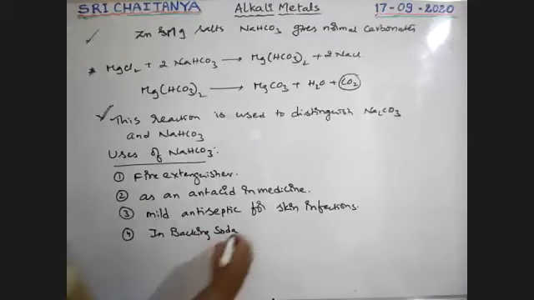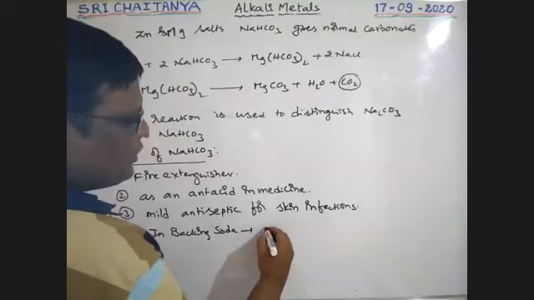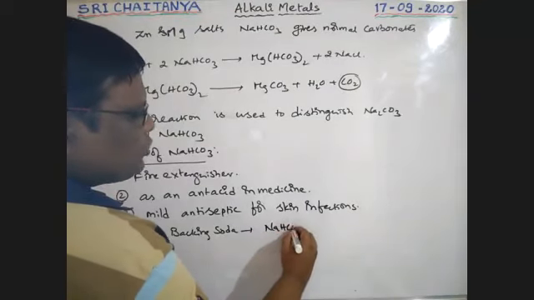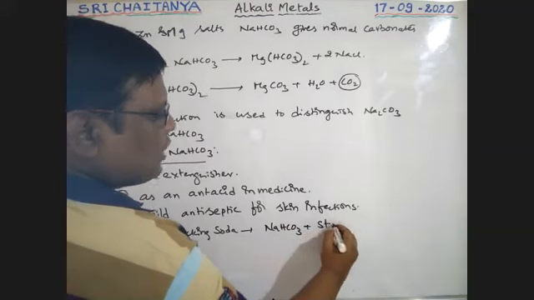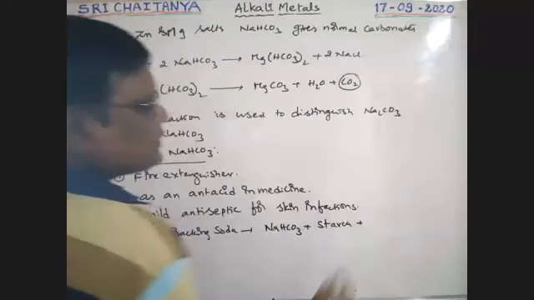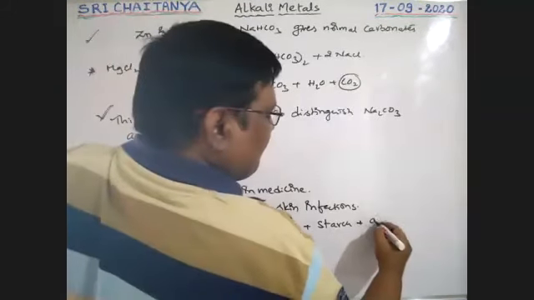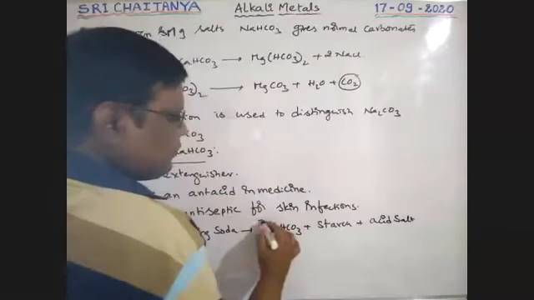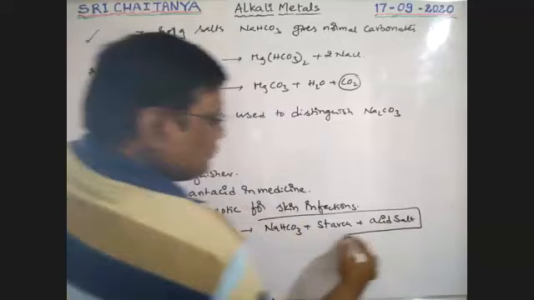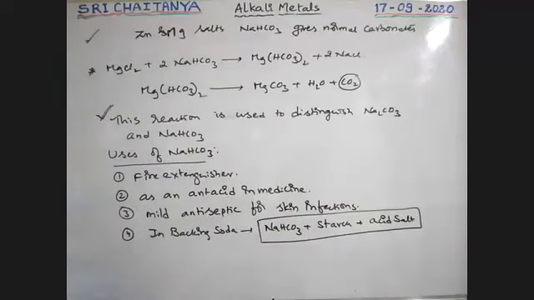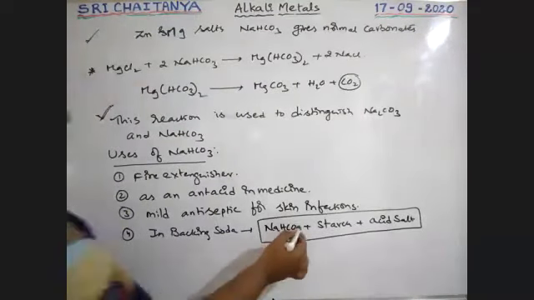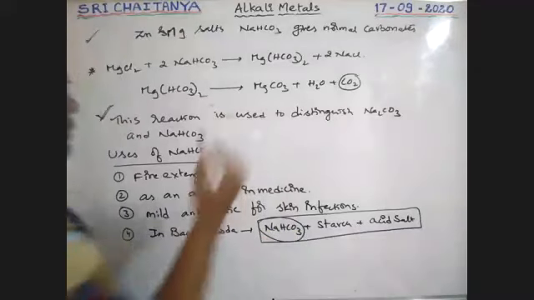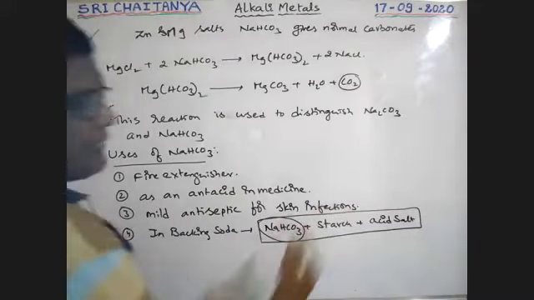What is this baking soda? Baking soda is a mixture of sodium bicarbonate, starch, plus an acid salt. It is the major constituent in baking soda. What is that acid salt, sir?